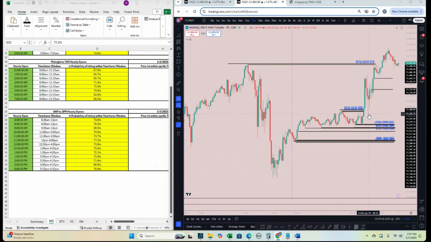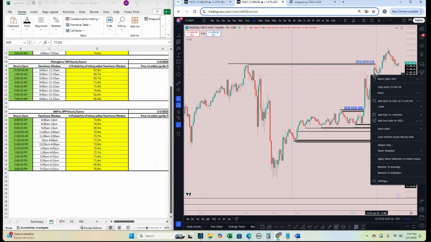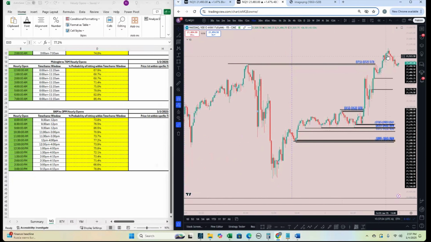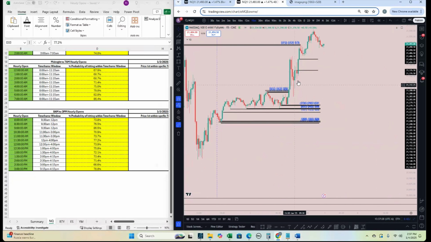We didn't want to push down here around 9:15 when we created this 9 a.m. candle, from 9 to 10, and we went above it. I knew we were going to go upside and leave these alone. Now, if we would have created the 9 a.m. candle to the downside and broken through here, these would have been great targets.